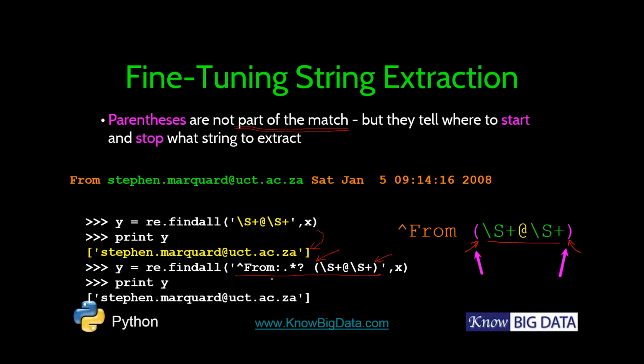What do you think the match would be with this complete regular expression in mind? All right, the match is going to be this, isn't it? The match is going to be till here, but we are not really concerned about this from.